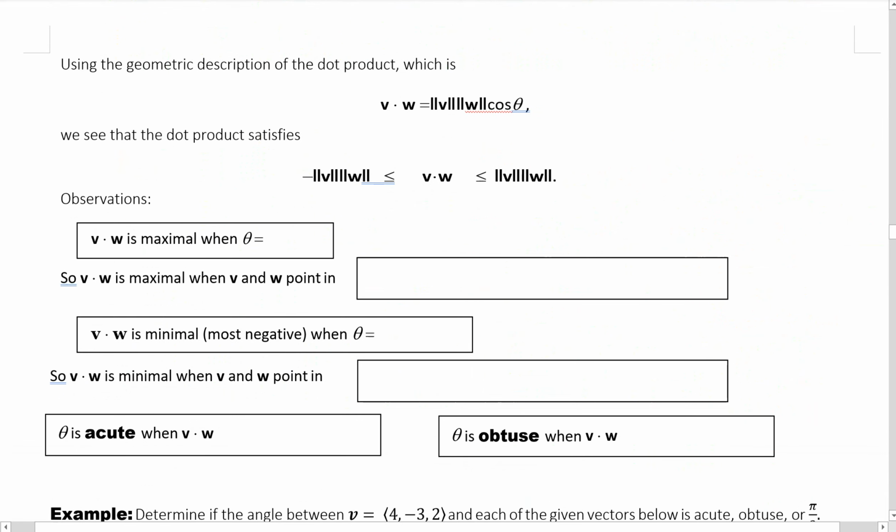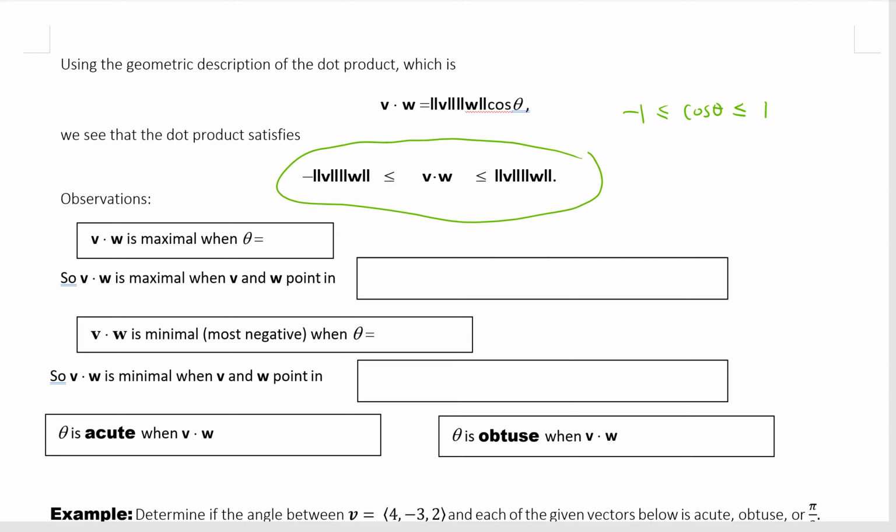Using the geometric description of the dot product, v dot w equals the length of v times the length of w times cosine theta, where theta is the angle between them. Then we know cosine theta is between -1 and 1, right? That's why when we multiply by the length of v and the length of w, we get this inequality.